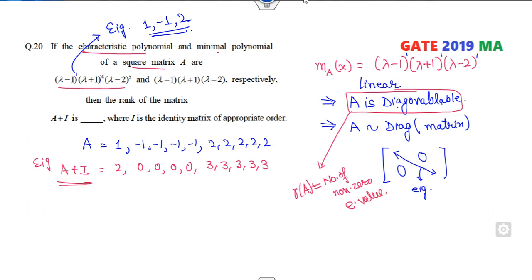How many non-zero eigenvalues are there? 1, 2, 3, 4, 5, 6. So the rank of this matrix is 6, the right answer. Remember, whenever A is diagonalizable, the rank of the matrix is the number of non-zero eigenvalues.